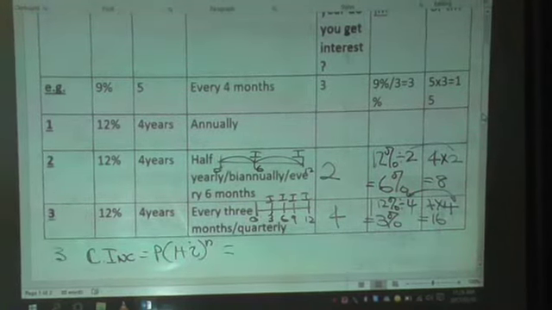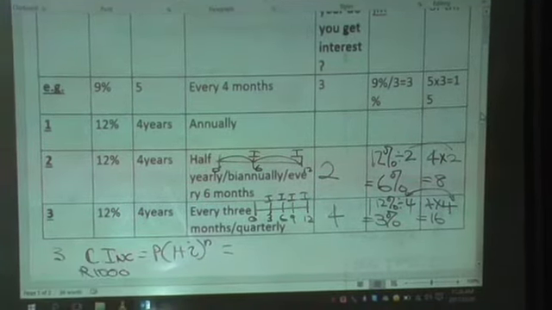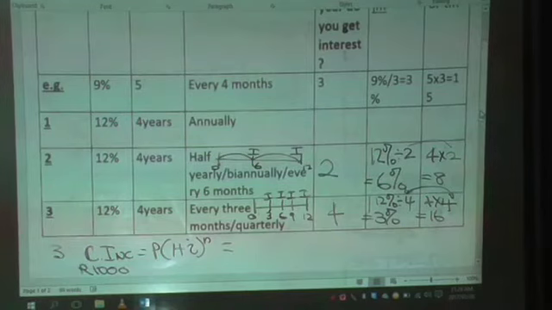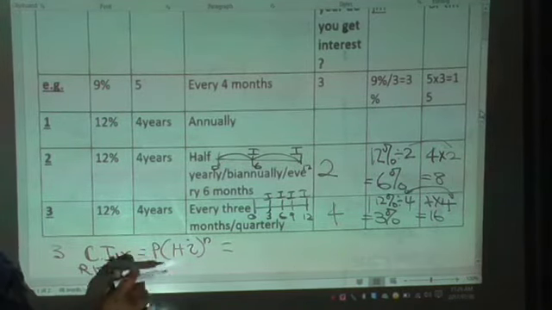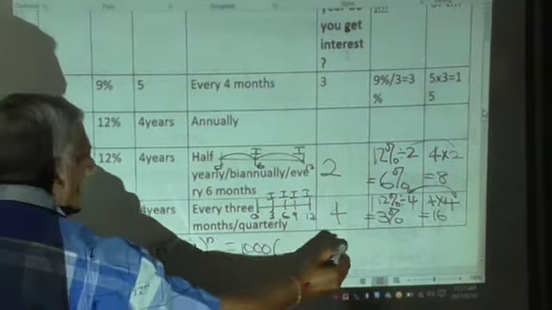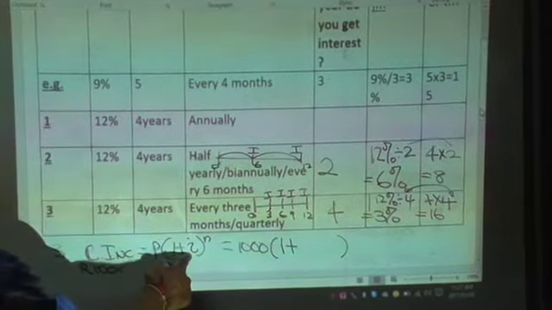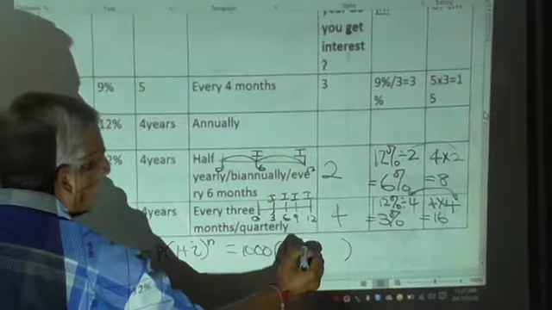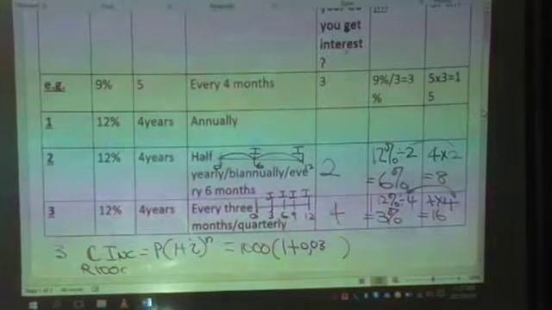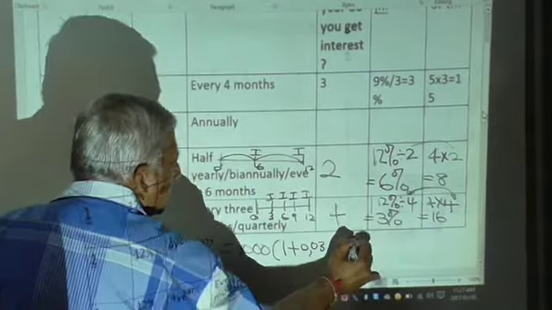When I'm substituting, let's say P is 1,000 rands, because I haven't got P here, it will be 1,000 into 1 plus i. Now be careful, the i that I must use is 3%, which is 0,03. And the n that I must use is 16.